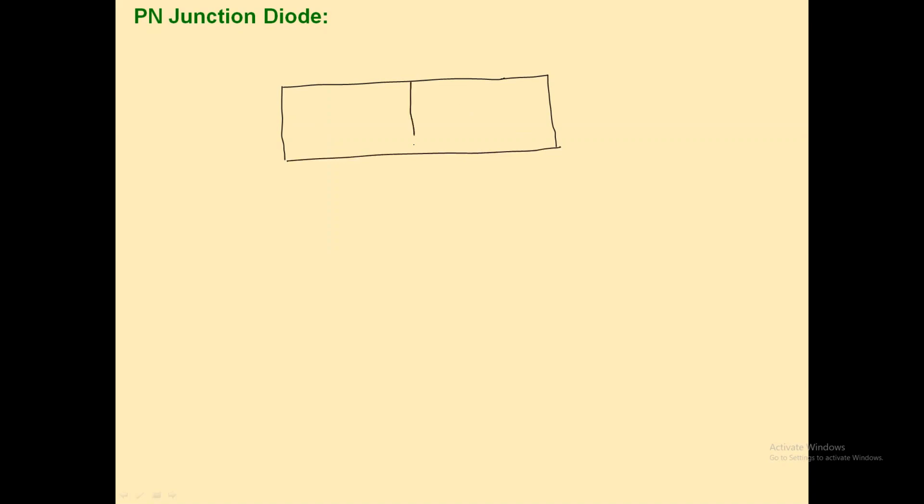What is the definition of a p-n junction diode? When P-type semiconductor is combined with an N-type semiconductor, then one continuous crystal structure is formed. This entire structure is known as a p-n junction, and after that we call it a diode.